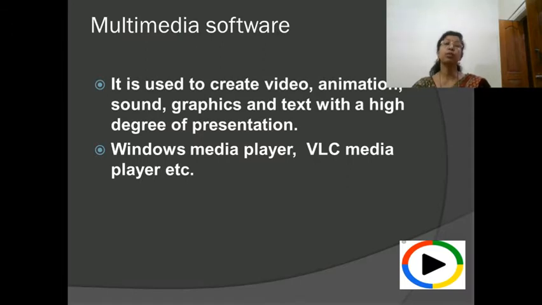This allows the user to play media files either created by the user or downloaded from the net. We can use a file downloaded from the internet. Using a media player we can see media files.